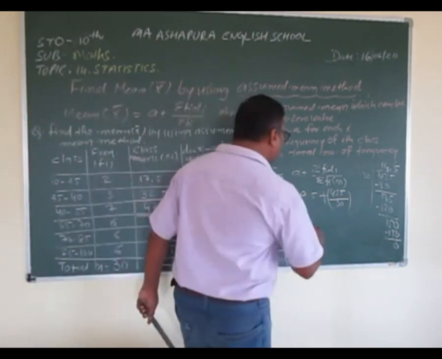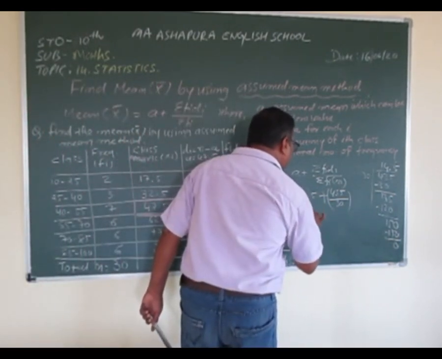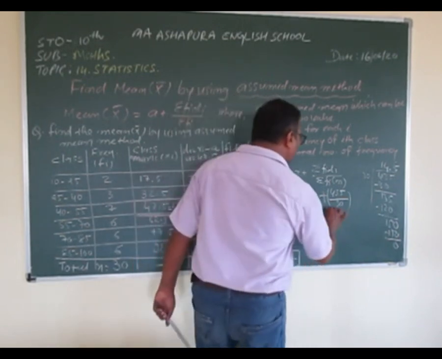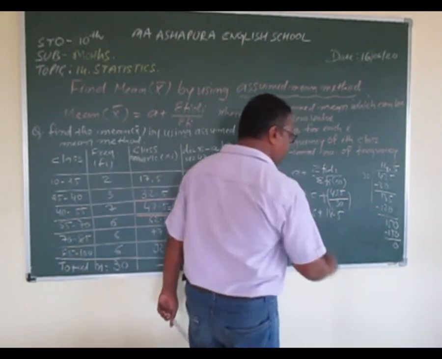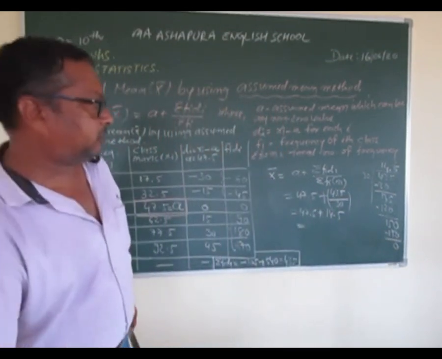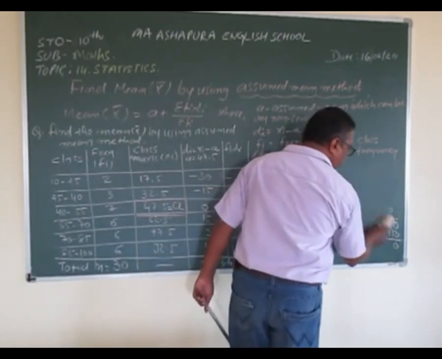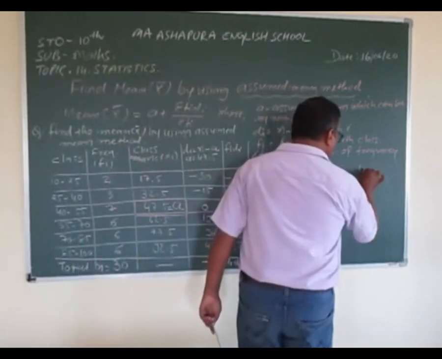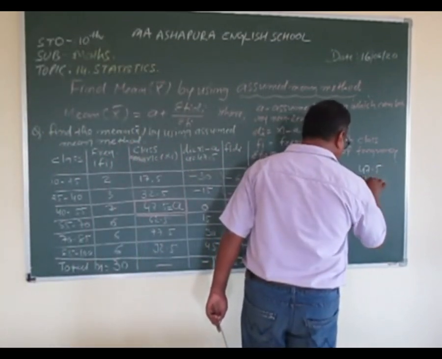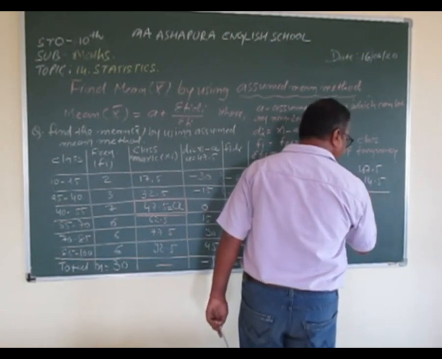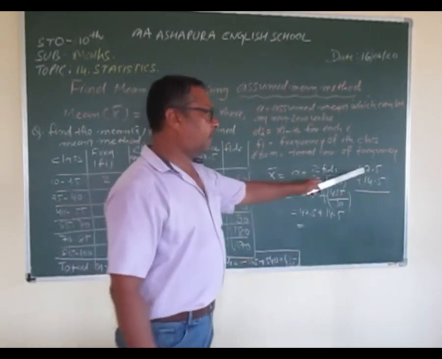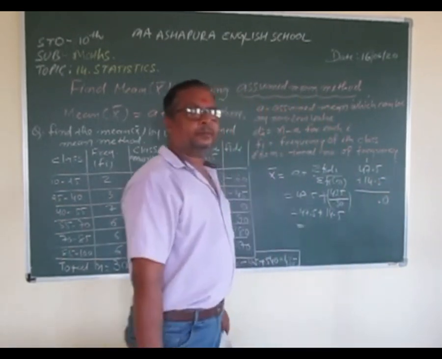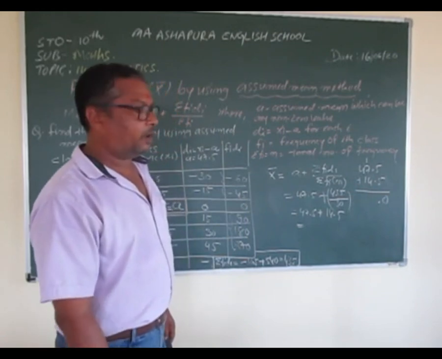Now put the value from the next step. Therefore we get 47.5 plus 14.5. Now addition of the numbers. 5 plus 5, 0, that's the point, and takes carry 1.